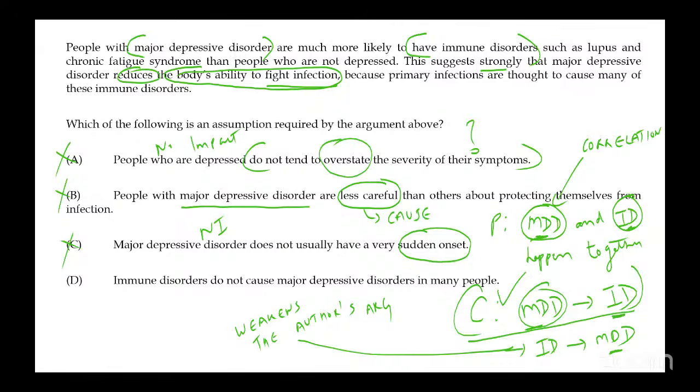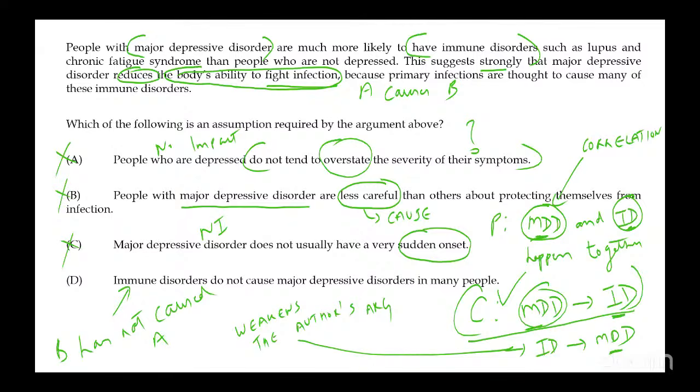It's like the author is saying A causes B. And this option, D, is saying B has not caused A.